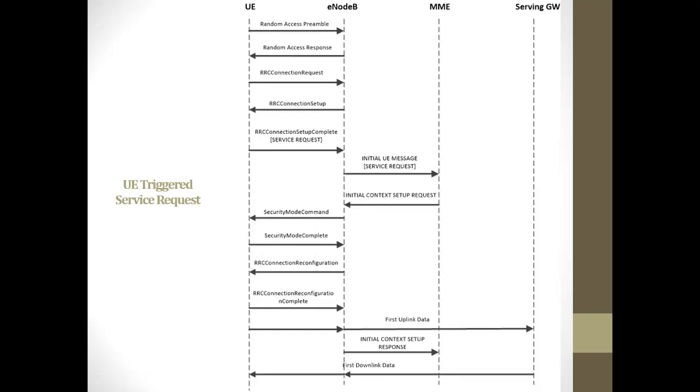Once it is done, we will send RRC connection reconfiguration, which includes the necessary radio setup for the particular data radio bearer. We acknowledge that, and right after the acknowledgement, you can start sending your data. Meanwhile, the MME also receives the response to that, and thereafter downlink data transfer can also start.